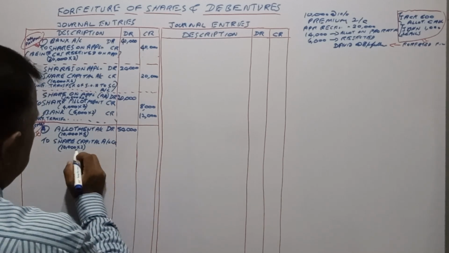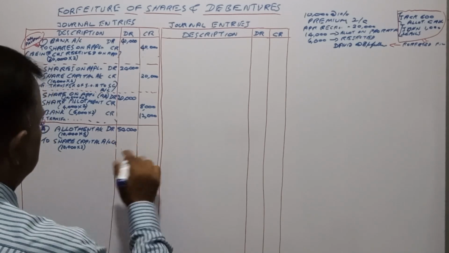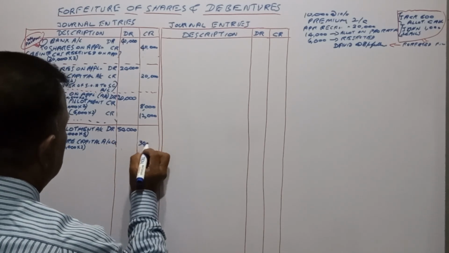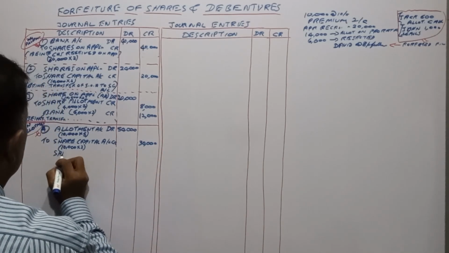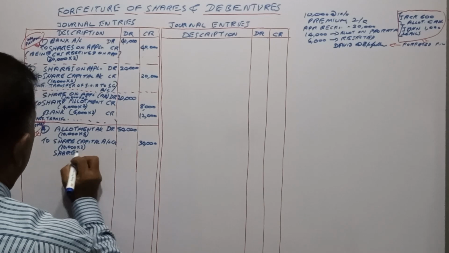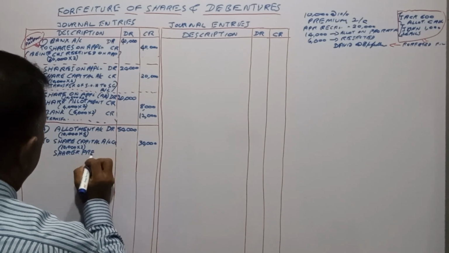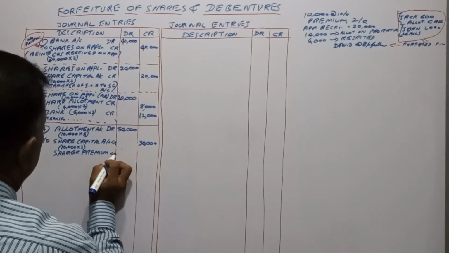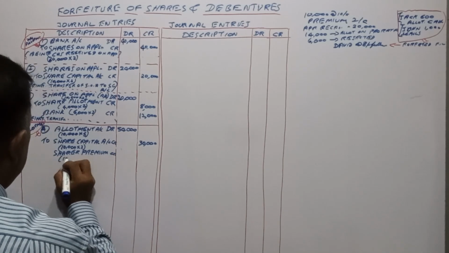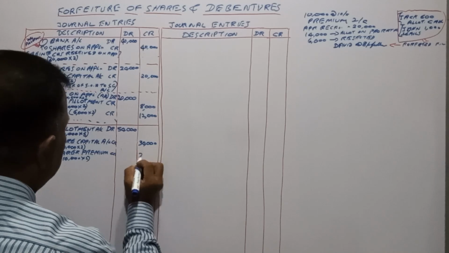So 10,000 into 3, that is 30,000 share capital credited. Then to share premium credit, that is 10,000 into 2, that is 20,000.